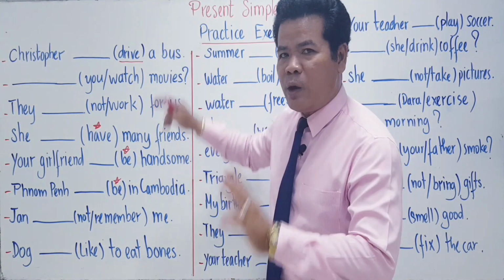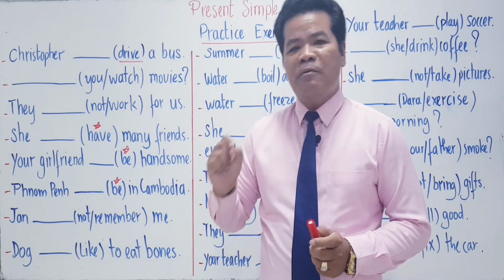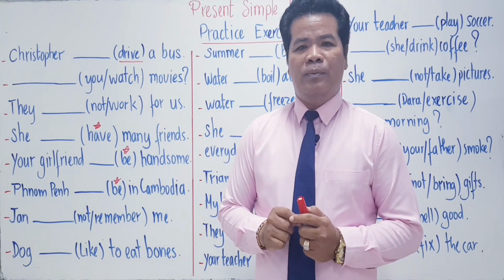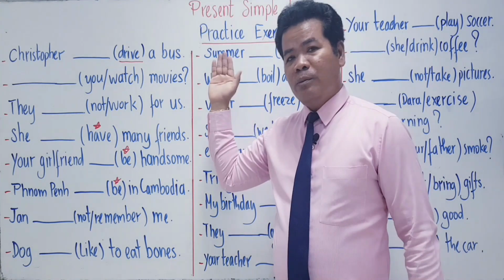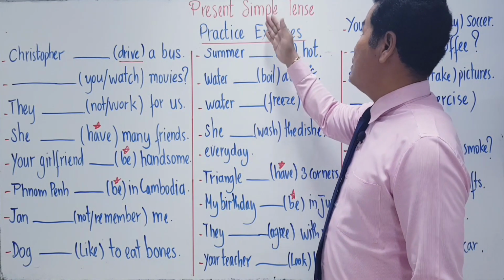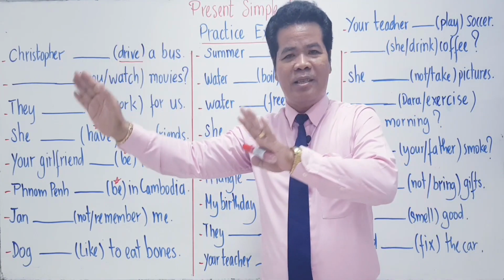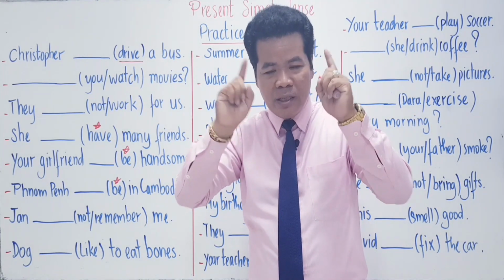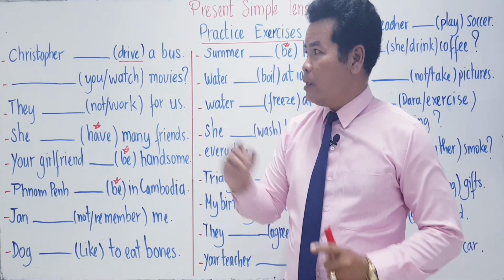Do not just do it straight away when you see the exercise. Read carefully about the instruction. For example, what do they want you to do? They just want you to do the present simple tense exercise. So do not focus on the other tenses. Just think about only present simple tense. Okay? Let's go.